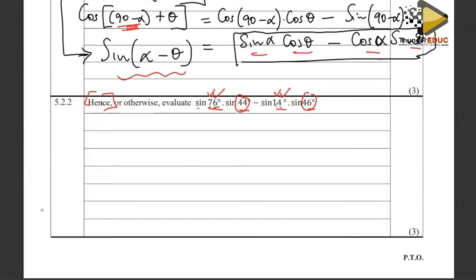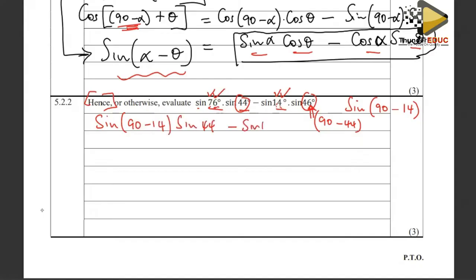So what I'm going to do, I know that sine of 76 could be the same as sine of 90 minus 14. Then when I look at the 46, it could be the same as 90 minus 44. So if I replace this, you don't have to show it, but I need to show people why we are using that.